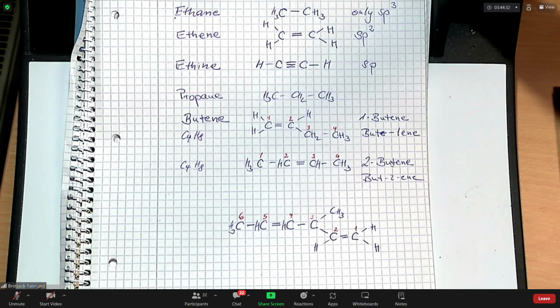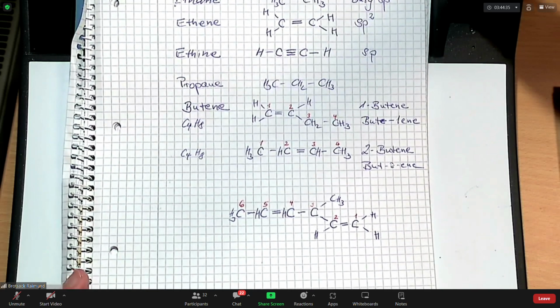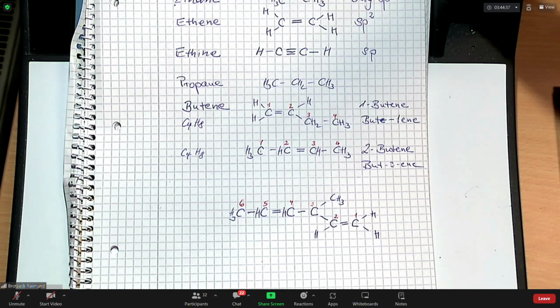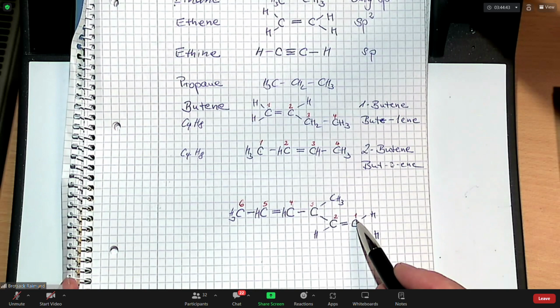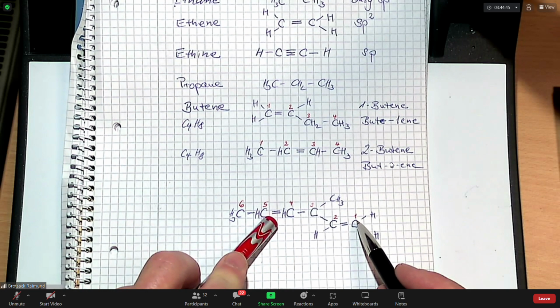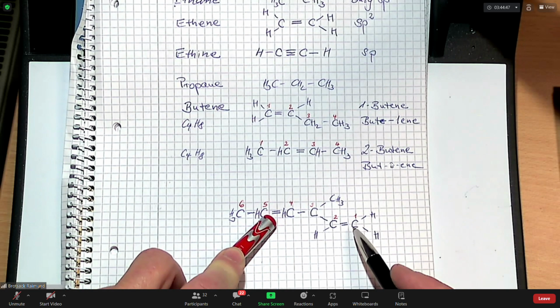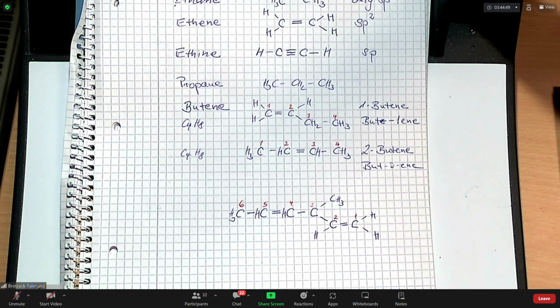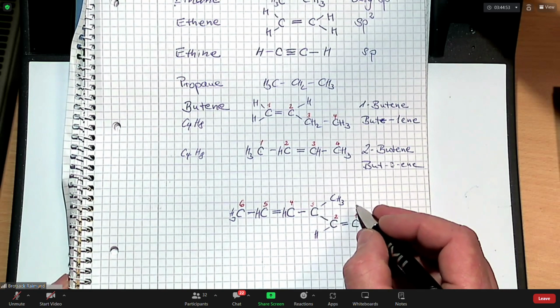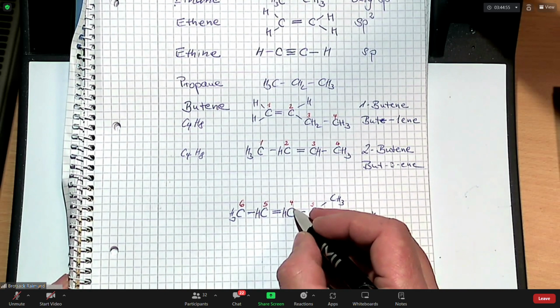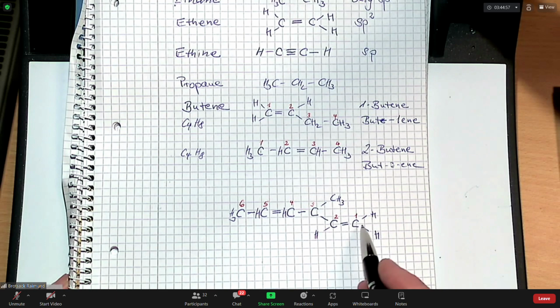What will be the name of this molecule? We have not 1-ene, we have a diene. 1,4-diene. So we have a methyl group on position 3, 1,4-diene, but what is the name? Hexadiene.